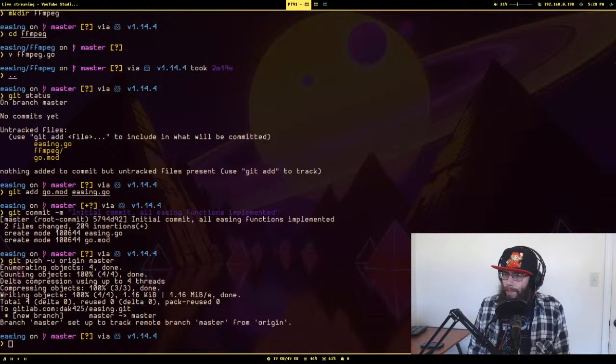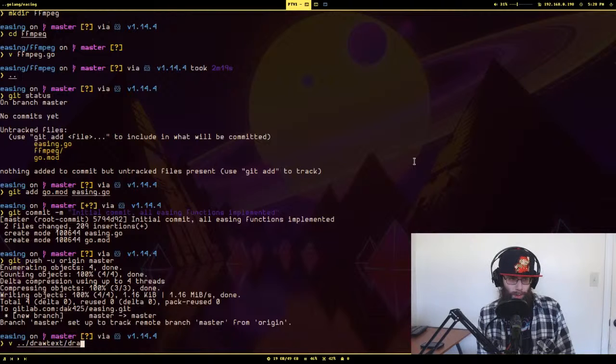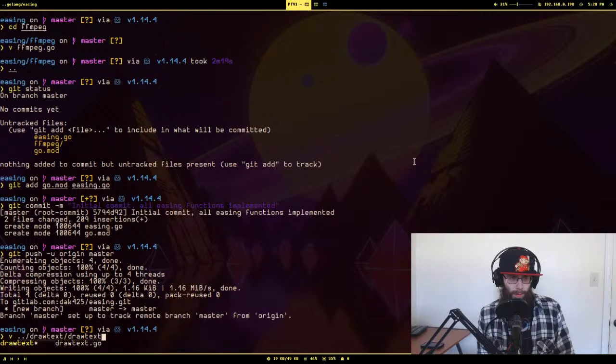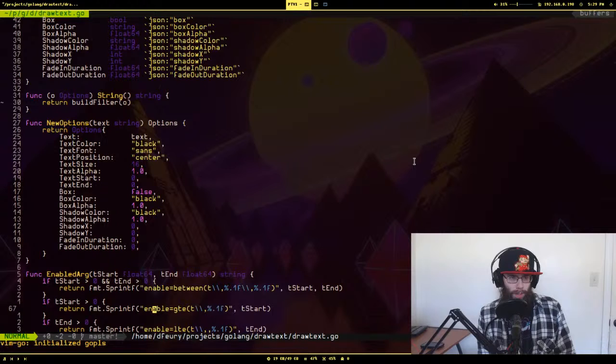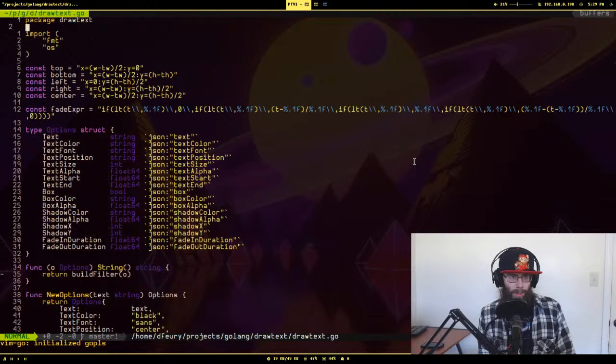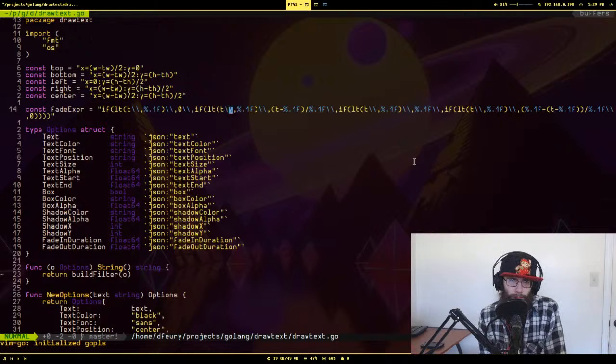How do I want to use this? Let me look at draw text. Let me look at this real fast because I need to look at that equation. So this is the rate of change right here.